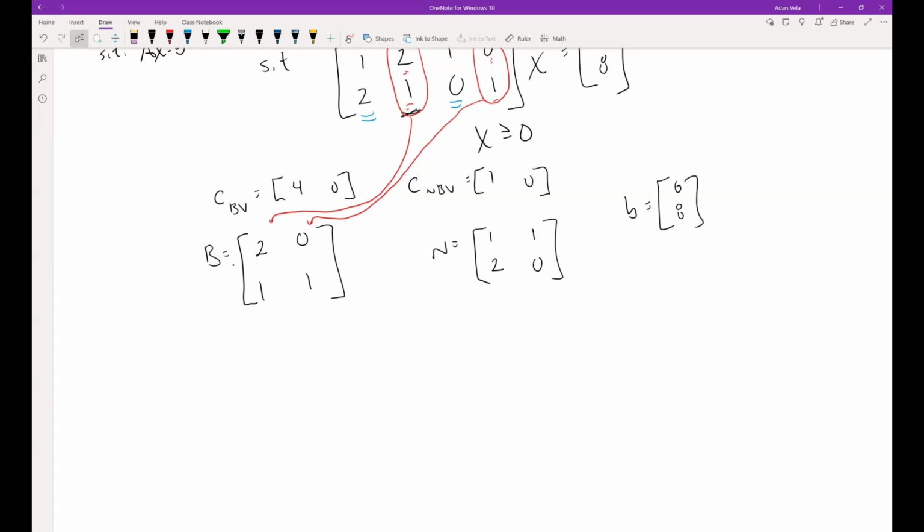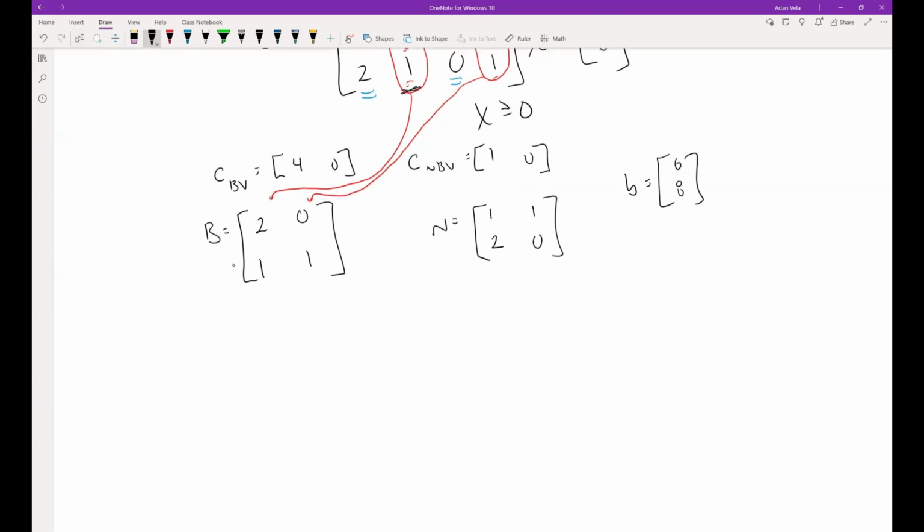So let me remember them all and get them written out. Let's say we have our optimal tableau. We're going to have x1, x2, s1, z, s2, and equals.